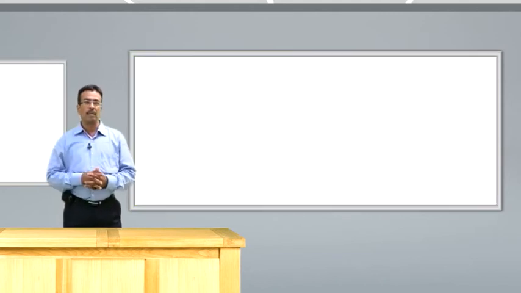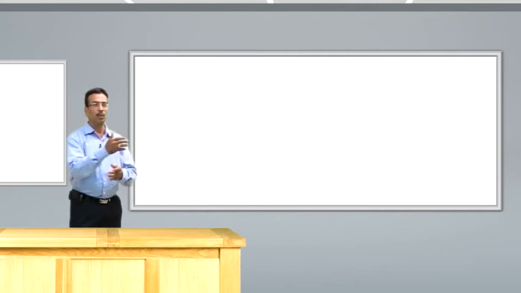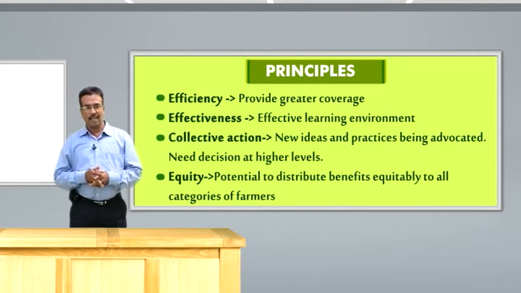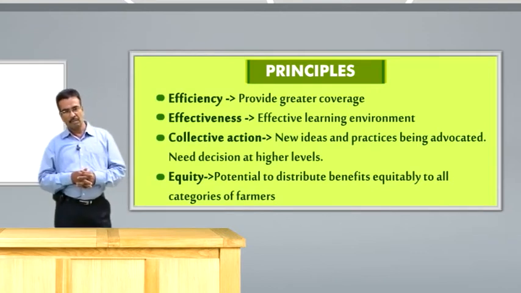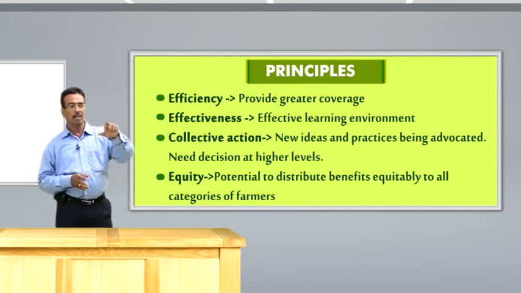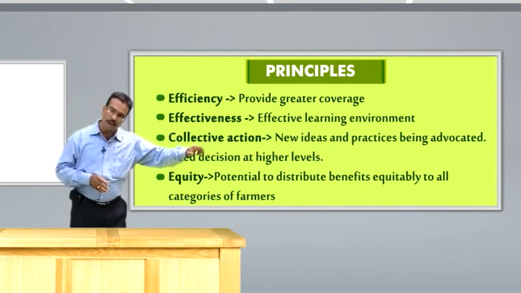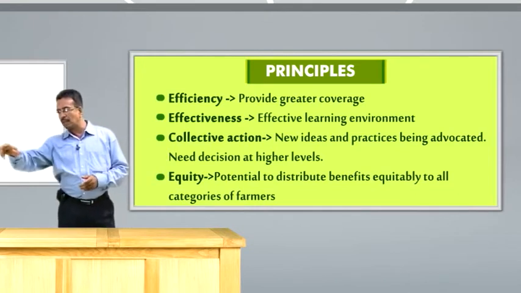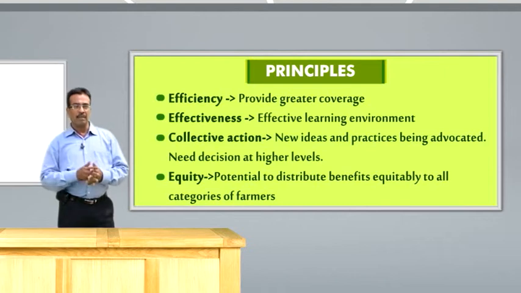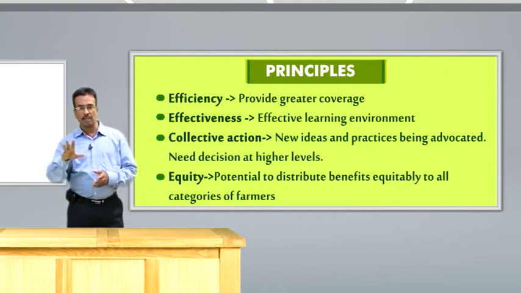The principles of the group approach: I already told you that working individually is a very time-consuming process. If the group is involved, the efficiency will be more, because it gives greater coverage. A very typical example: a group of farmers cultivating rice in a particular area, maybe 100 farmers going for a single variety over a season.